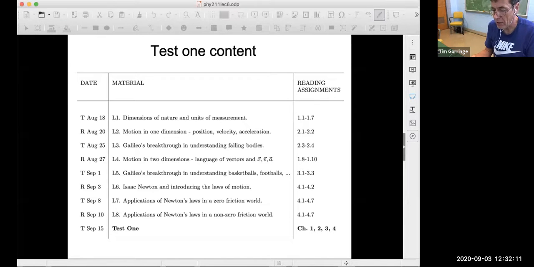And it's going to cover our upcoming work on dynamics, understanding and explaining motion in 1 and 2 dimensions. It's Newton's laws of motion. And so that's the material for the first test. It's from chapters 1 through 4 of the textbook, and the specific content is listed in the syllabus and is listed on this overhead.